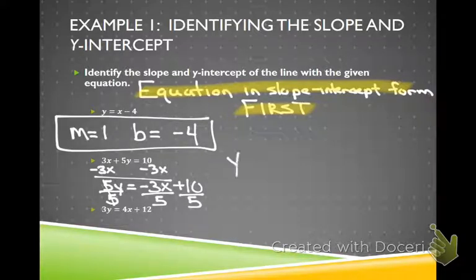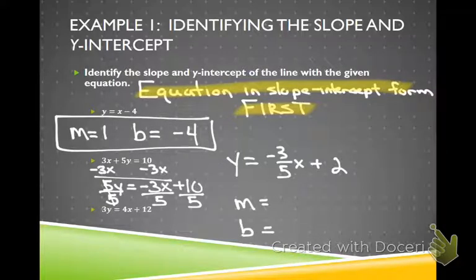And so now you have y equals negative 3 over 5 x plus 2. You did that so that you would have it in y equals mx plus b form. It is. y is by itself, then my x term, then my number by itself. So now I'm ready to identify my slope and my y-intercept, my b value.